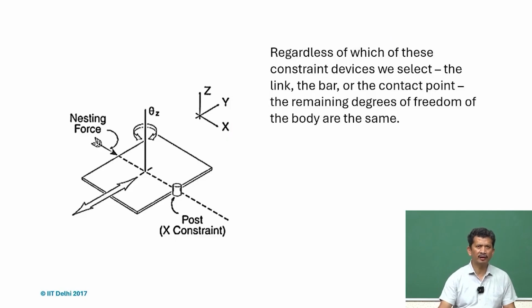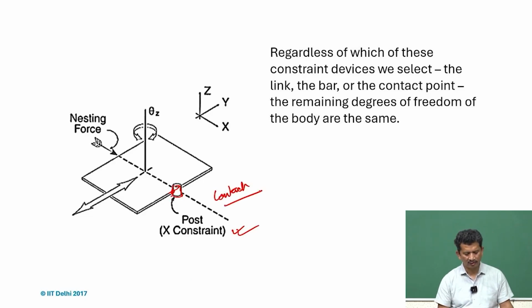Another way to make a mechanical connection between the two objects, I think we discussed earlier also, is that we can simply put a post here and there will be contact. The moment one contact is established, it can provide the constraint, and this is the constraint line in this case.